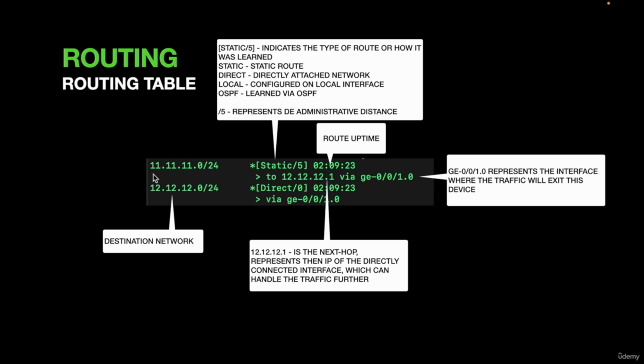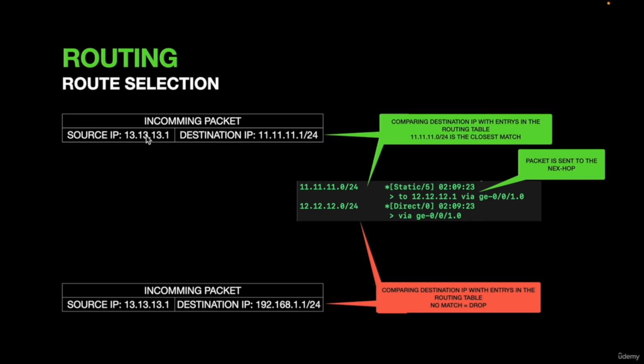This means that if a packet enters the device, it will have the destination IP address in its field. So let's say a packet enters the device, and the router sees that the destination address is in this network. It will send the packet to this IP address, which is the next hop address, via this interface, which is G001.